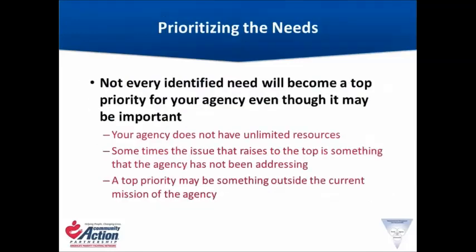Part of what you're going to do as a board is help to prioritize what those needs are. Not every need is going to be a priority for your own agency, even if it's important for the community. So you might not have the resources to address the need that everybody said was their top priority. So you might have to think of other ways to partner or other kinds of resources to do.